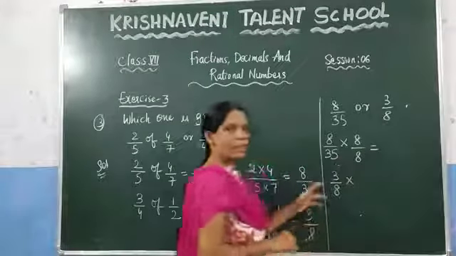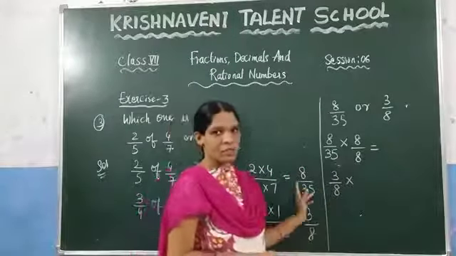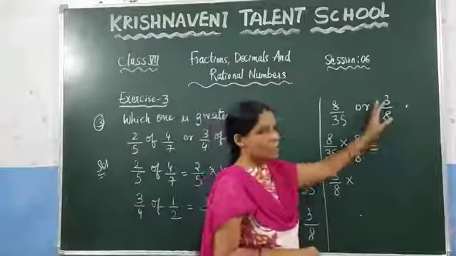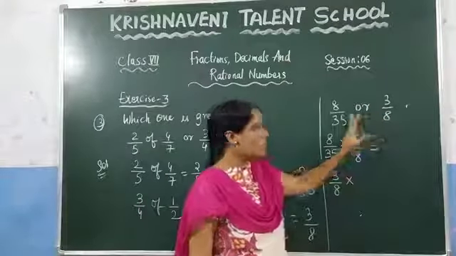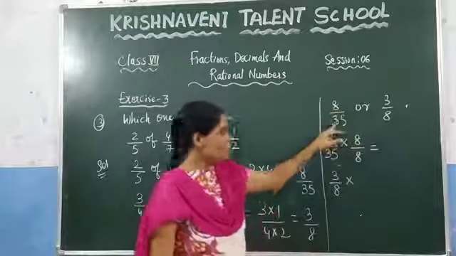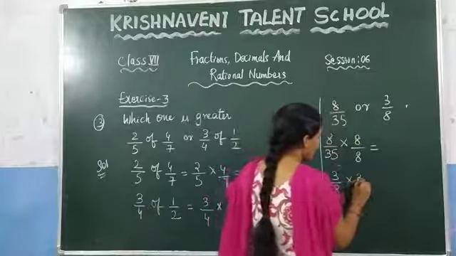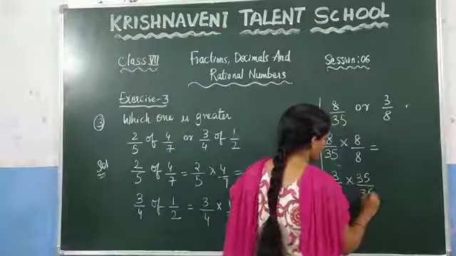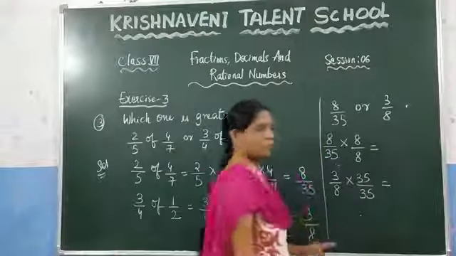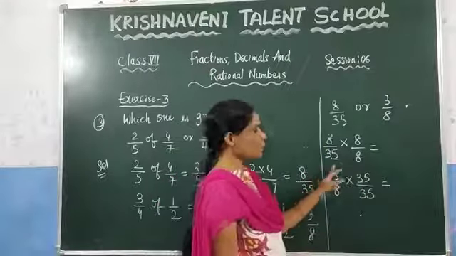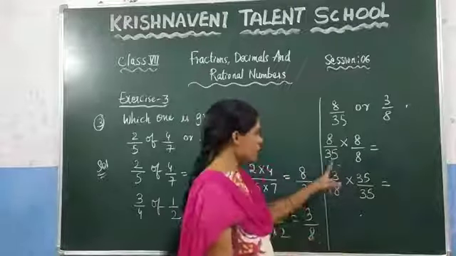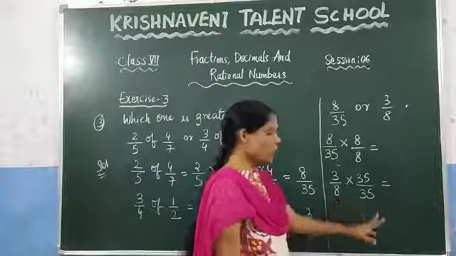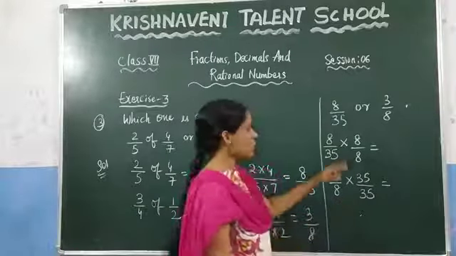We need to multiply and divide with the other fraction's denominator. What is the other denominator here? It is 8. So we multiply and divide with 8 here, and you need to find the result. Take the other fraction, which is 3/8. We need to multiply and divide with the other fraction's denominator, which is 35. So multiply and divide with 35. Now you need to find the result. Here you can observe that we made the denominators equal, because here we got 35 into 8 and here we got 8 into 35. Like this you can do it.